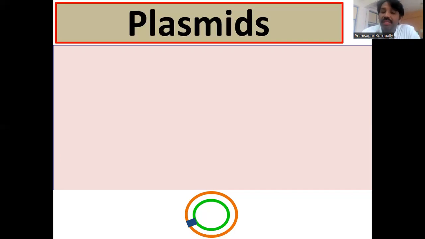This means these plasmid molecules have their own origin of replication, through which they can replicate autonomously, independent of the chromosome. For that, it requires the origin of replication. Plasmids possess the origin of replication.